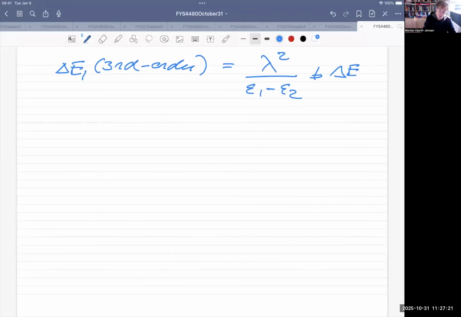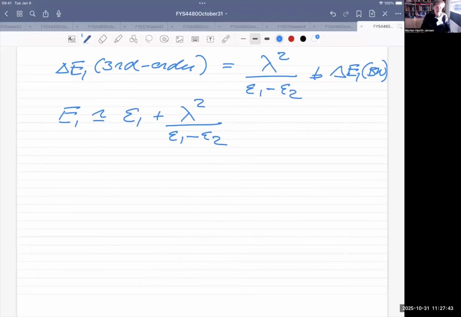So delta E1, and I'm just going to put BW here. So E1 is now given, or has an approximation, which is epsilon 1, the unperturbed or non-interacting energy, plus lambda squared divided by epsilon 1 minus epsilon 2. Now, let's see what happens when we look at the exact expression and expand the square root. So what we're going to do now is rewrite that expression we found, the exact one, by solving the second order expression.